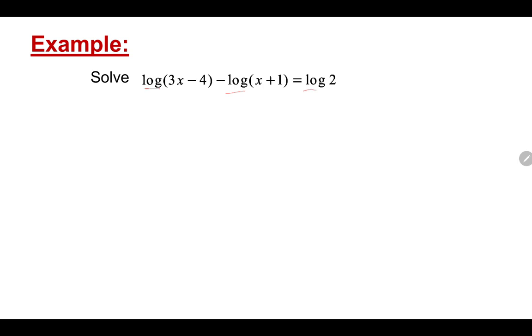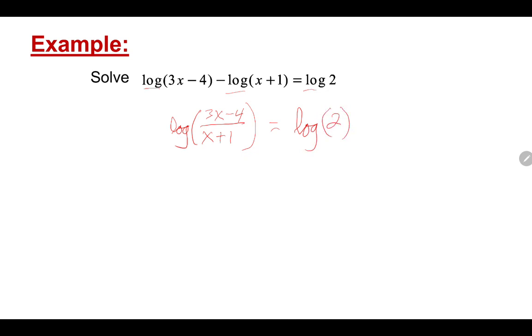So we learned how to combine and write as a single log, and that's what we're going to do. I'm going to write log of, because this is subtraction, it becomes a division problem. So it's 3x minus 4 over x plus 1 is now equal to log of 2.